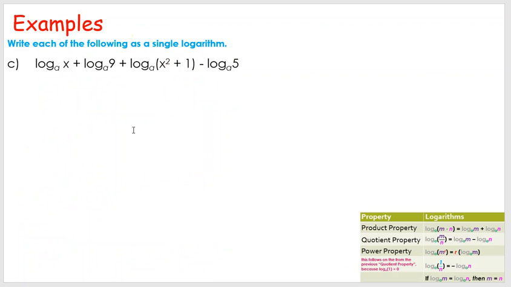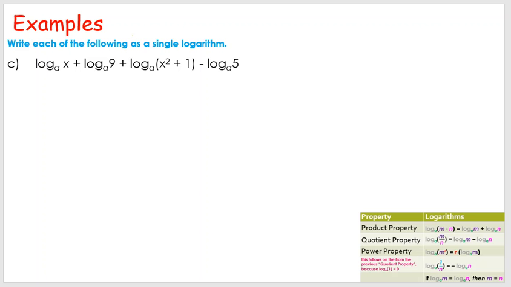Alright. This one, write each of the following as a single logarithm. This is just like what we were doing before. So you see there's a lot of work going on here. So my first thing I'm going to do, I don't see any numbers in front of any of the logs. So that right there tells me that I'm not having to worry about any powers.